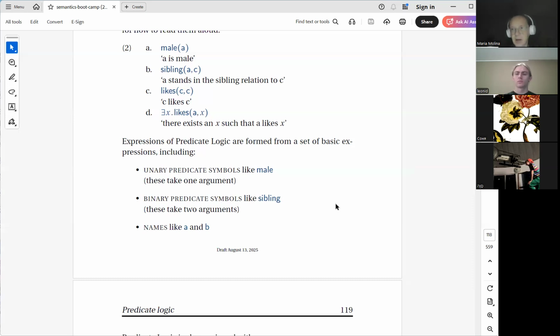So that is why we more or less build the whole expression around the predicate, around its predicate.